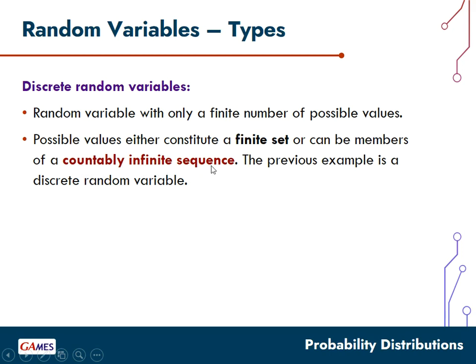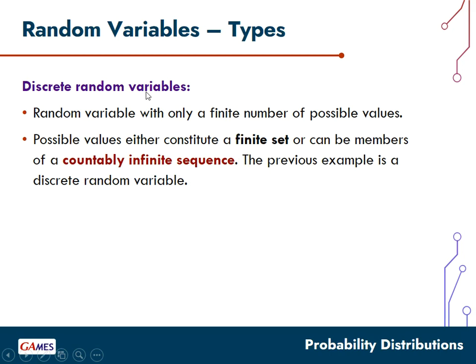So when we're dealing with discrete random variables, the set we're looking at can either be finite or countably infinite. If we remove countably from here, what happens to an infinite sequence? It becomes uncountable, infinite, and that becomes a continuous random variable.